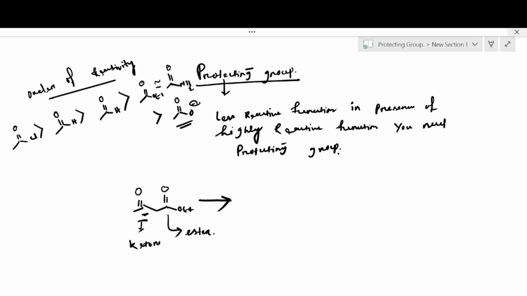So if we add a reagent like lithium aluminum hydride, what does it do? It is a nucleophilic reducing agent, right? And it is a strong reducing agent.